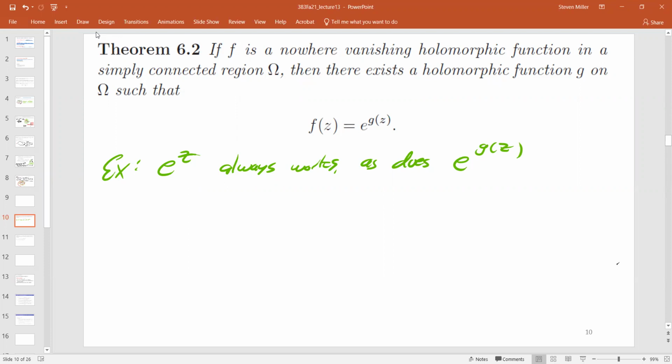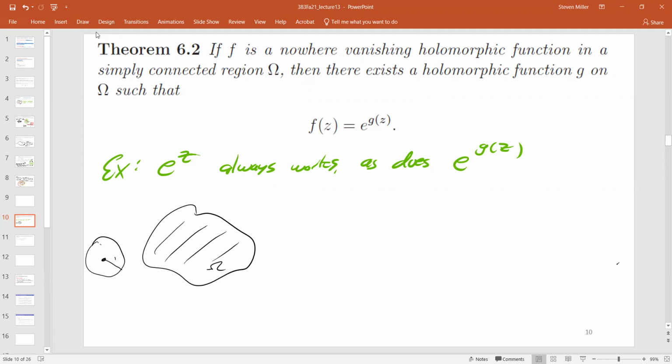So what if I give you, here's omega, and here, let's say it's a circle of radius 1 about the origin. And this is my omega. Can somebody give me a holomorphic function on omega that never vanishes?